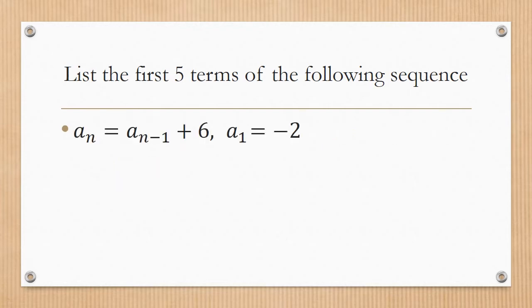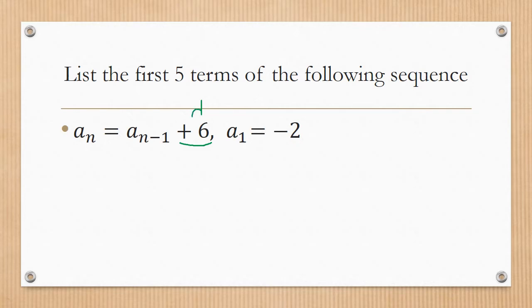Now let's take a look at this example where we have a sub n equals a sub n minus 1 plus 6, where a sub 1, or the first term, equals -2. Now this is the recursive rule, which means in this case 6 is the common difference.